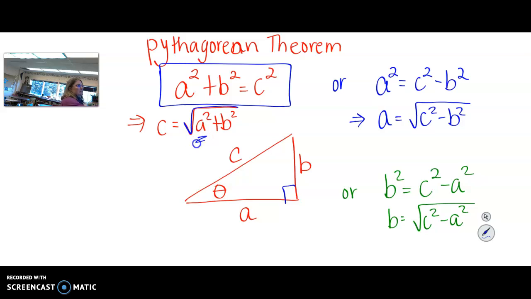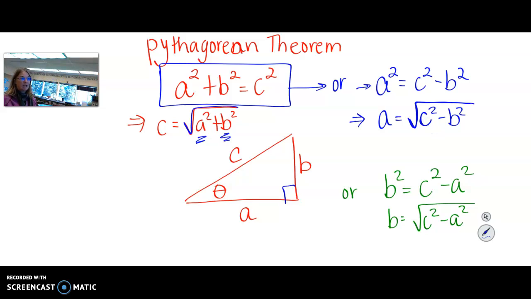So a and b, with addition here, are the legs of the triangle, and c is the hypotenuse. Or if you have a leg, if I solve this Pythagorean theorem for a squared by subtracting b squared and solve it for a, you end up with the square root of c squared, which is the hypotenuse squared, minus the other leg squared.